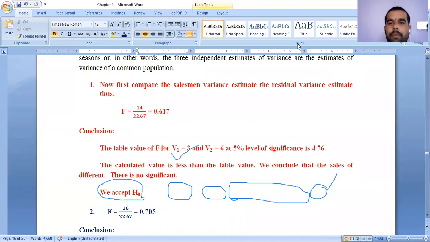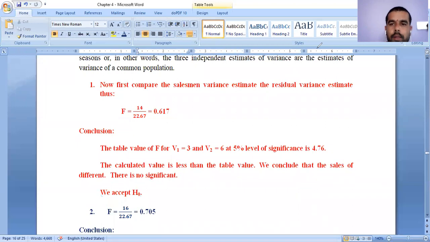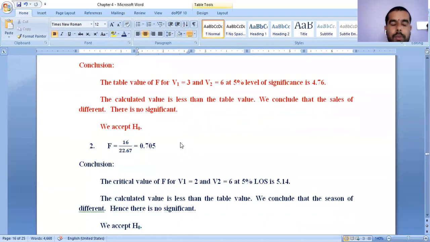The next one, second conclusion. After writing the first conclusion, go for the second conclusion, because we are doing the two factor analysis. That's why twice you have to write the conclusion here. Then the second one, F is equal to 16 divided by 22.67.